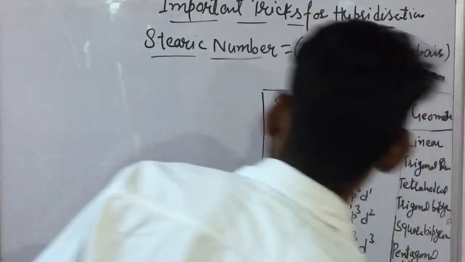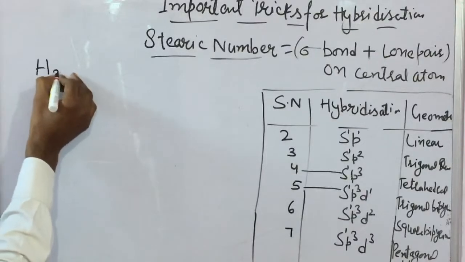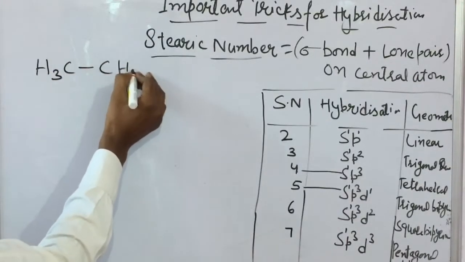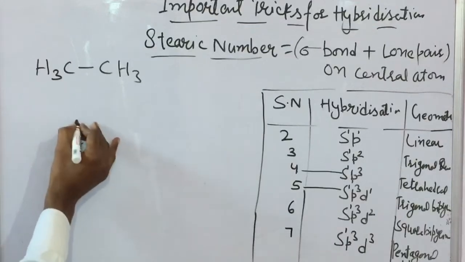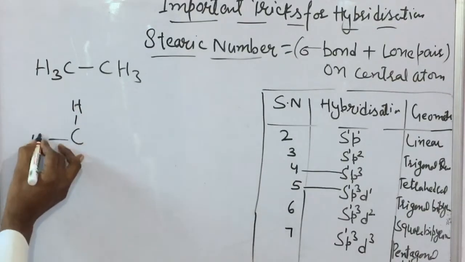Let us take some more examples, like H3C single bond CH3. We can write this structure in bond form.